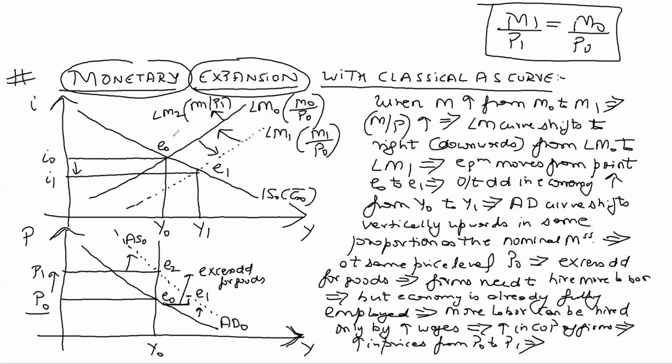So points E0 and E2 will coincide. So when prices increase, real money supply M by P falls to M1 by P1, which implies LM shifts back to the original level.